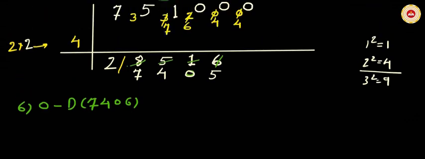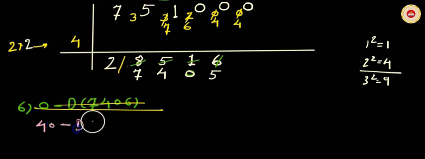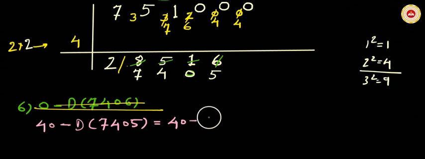So let me cancel this. 40, I have written 40 as gross dividend, minus duplex of 7405, which is equal to 40 minus 7 fives are 35. So 2 times 35, 70.